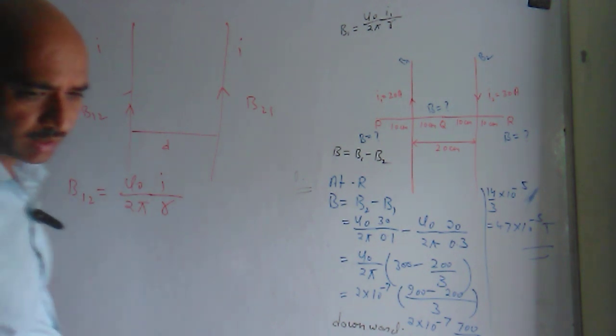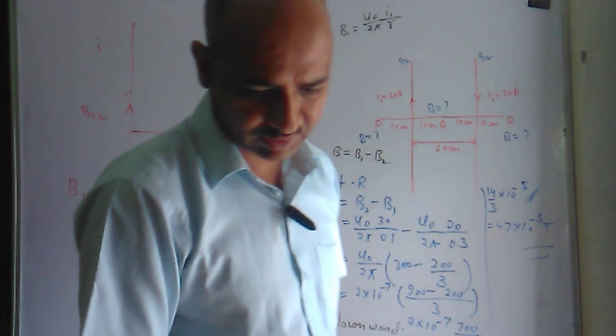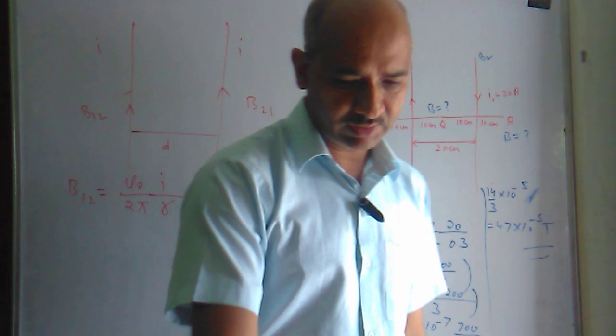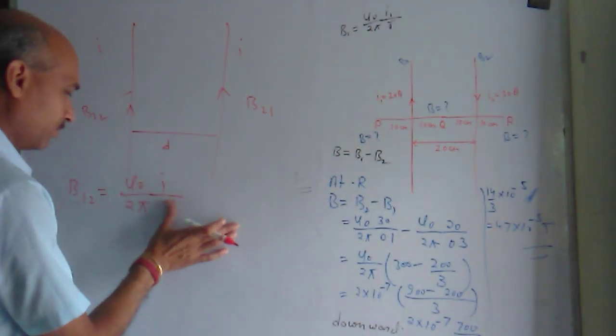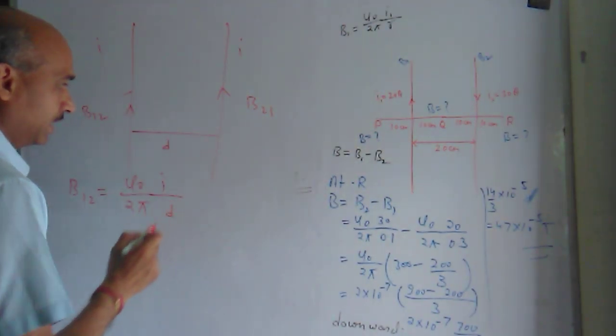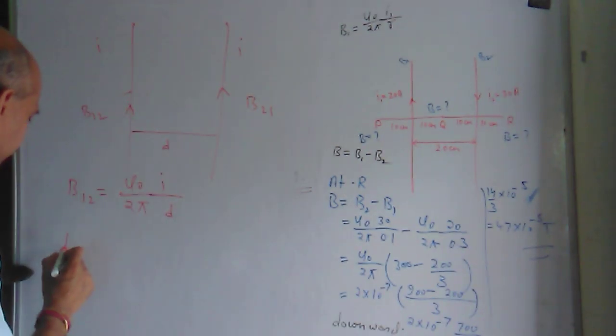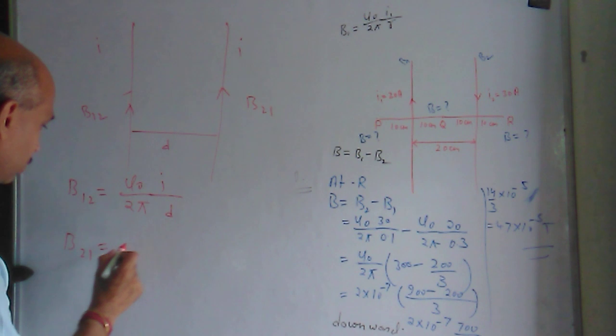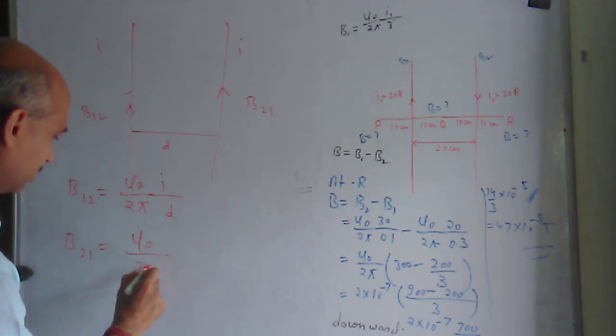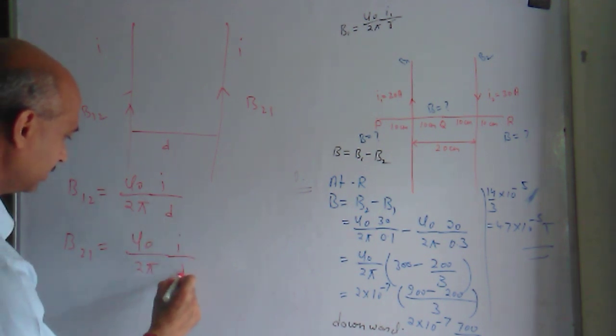I upon R. They are separated by the distance D, so in place of R we have to put D here. Similarly, B21 will be mu 0 upon 2 pi, I upon D again.